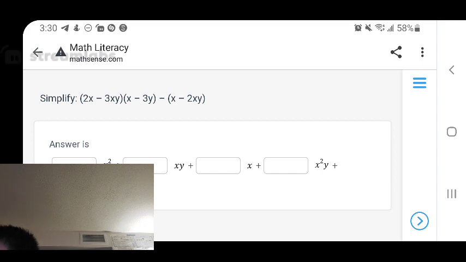Yep, combine your like terms. So we call this quadratic equations, I think. That's the term.